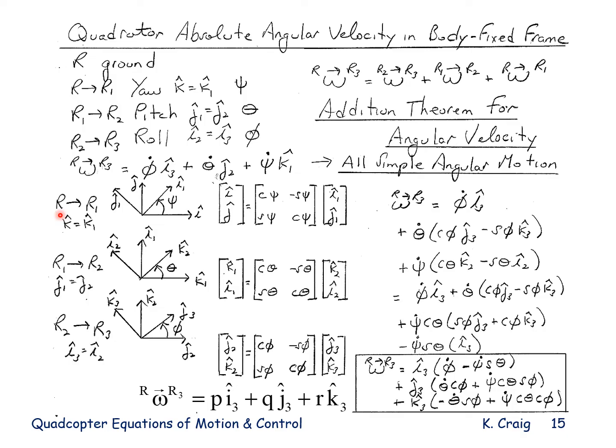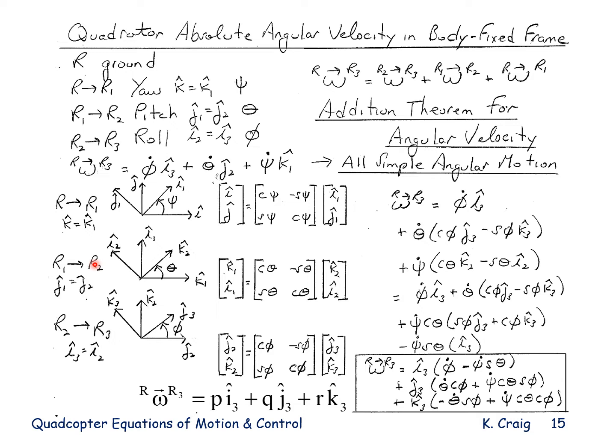I express each of these rotations, R to R1, R1 to R2, R2 to R3, which are each simple angular rotations, using this matrix representation. Here I relate I1 hat and J1 hat to I hat and J hat through the angle psi. The shorthand notation is C represents cosine, S represents sine. And this is simple angular motion.